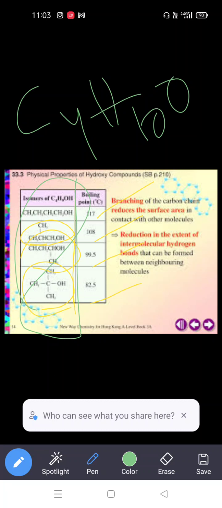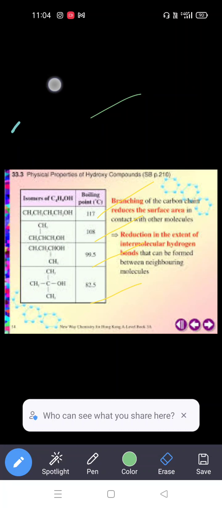As the branching increases, the boiling points decrease. This is also one of the important points. If the molar masses are very high, the boiling points are also very high, and because of the attraction between the hydrogen bonds, the molecules also have very high boiling points.